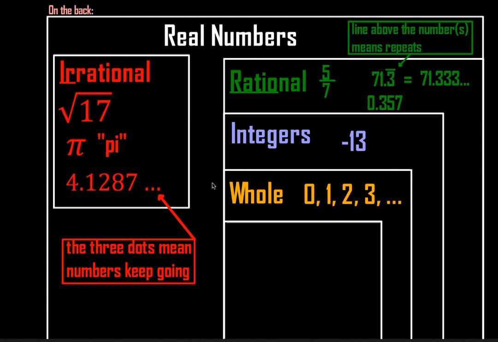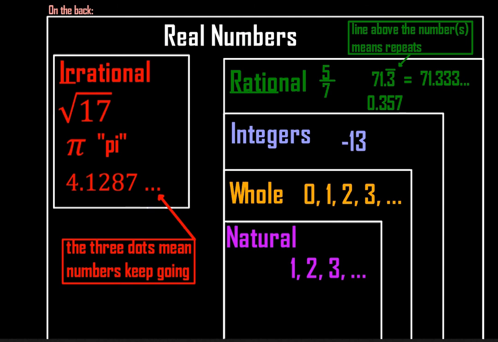And lastly, we have our natural numbers, which when you start counting, you count with 1, 2, 3, so on and so forth. So make sure you're thinking about those differences, how they are compared to one another and how they are related.